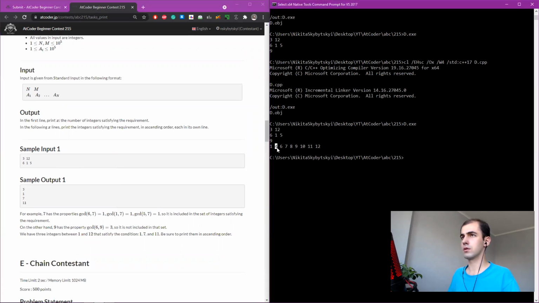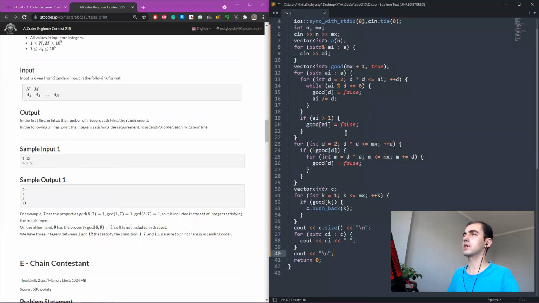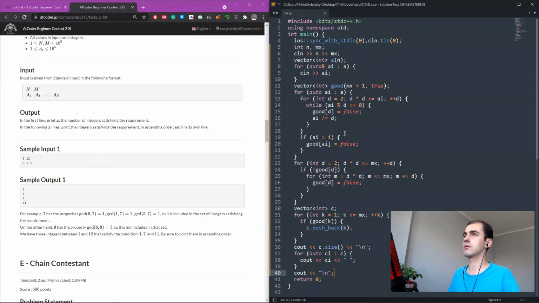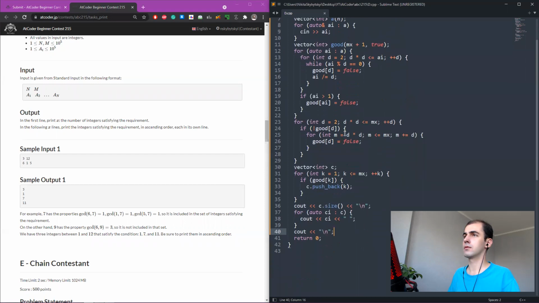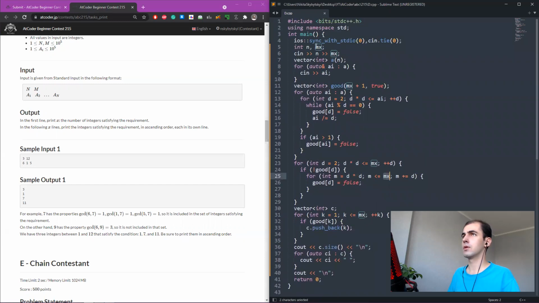Interesting. Why this didn't get labeled? Fascinating. Okay, several things can be improved.